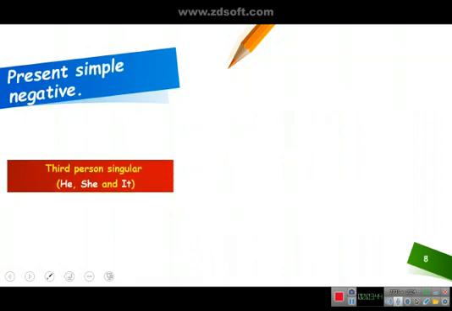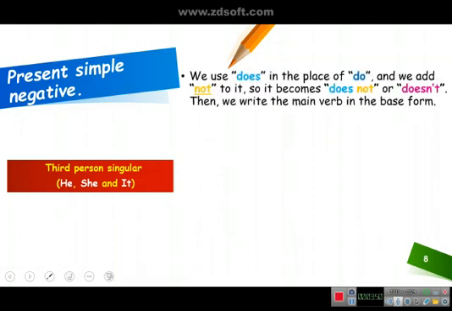Pay attention. With the third person singular forms he, she, and it, we use does in the place of do. And we add the word not to it, so it becomes does not or doesn't. Then we write the main verb in the base form, doesn't or does not, plus the main verb in the base form.